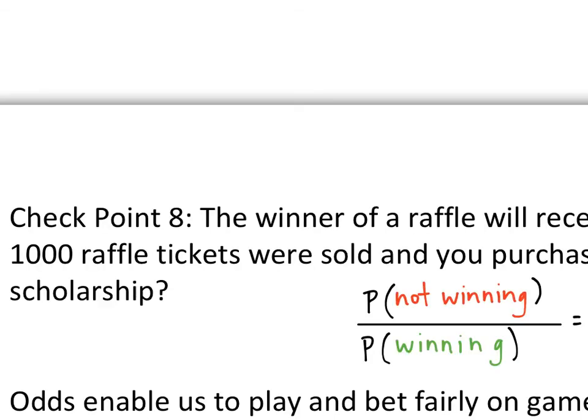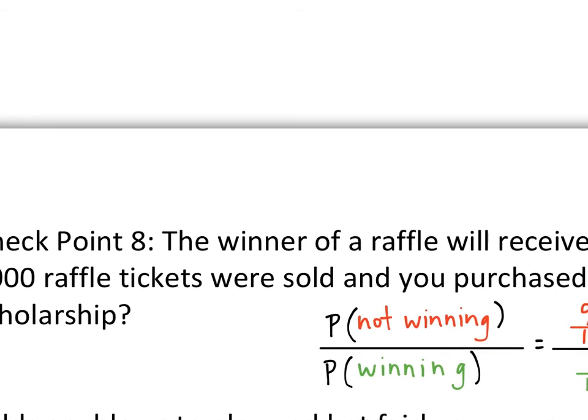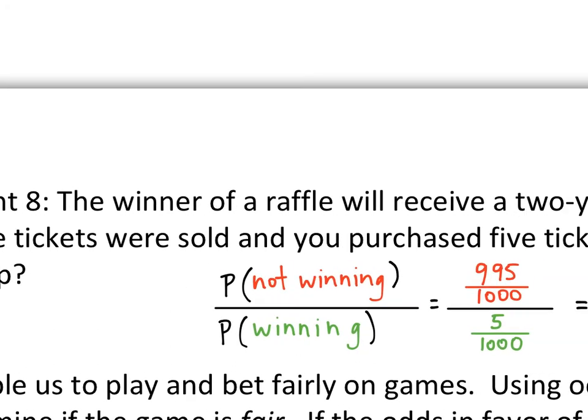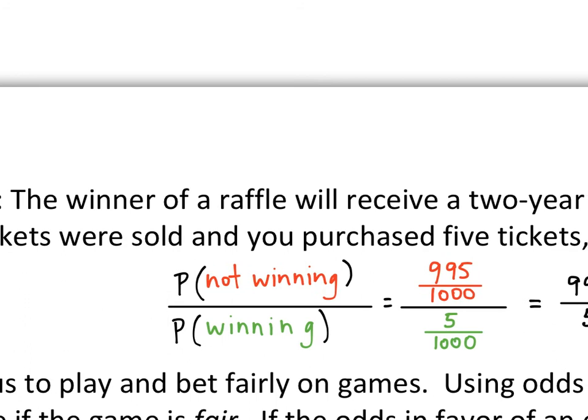Since it said odds against, my setup is going to be the probability of not winning over the probability of winning. So maybe it's easier to figure out the probability of winning first. I bought 5 tickets out of 1,000 tickets that were sold. All right, so what's the probability of not winning? Well, the probability of not winning is going to be 995 tickets out of 1,000.